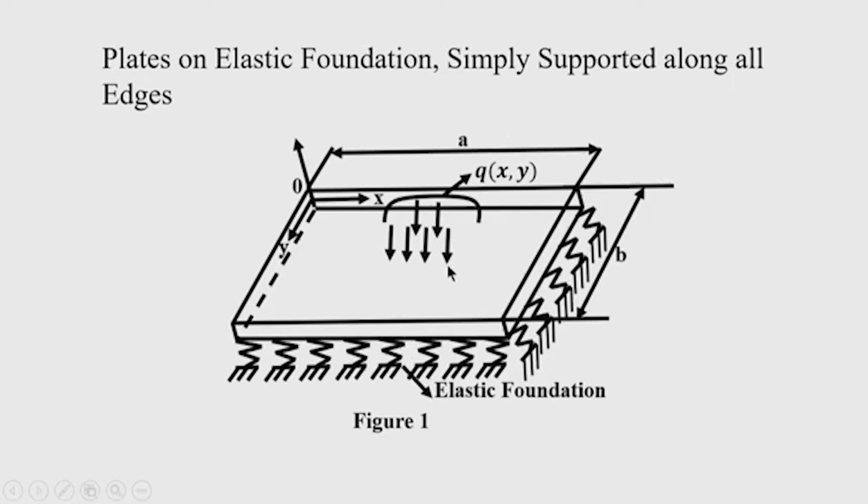So, the spring is representing the soil here or elastic subgrade, which offers upward reaction to the deflection of the plate. At any point on the plate, the spring force will be the modulus of subgrade reaction, if the value is k, and the deflection at that point W, so k into W will be the upward spring force, and that force will reduce the loading, that is the downward load that is applied on the plate. So, net loading will be q minus k into W. Okay.